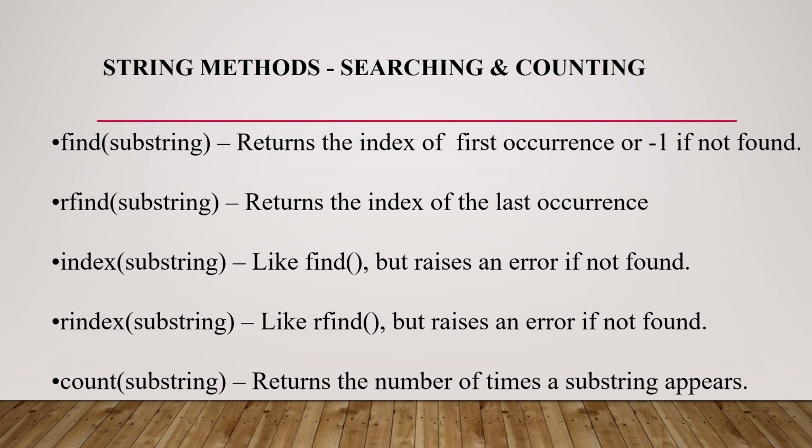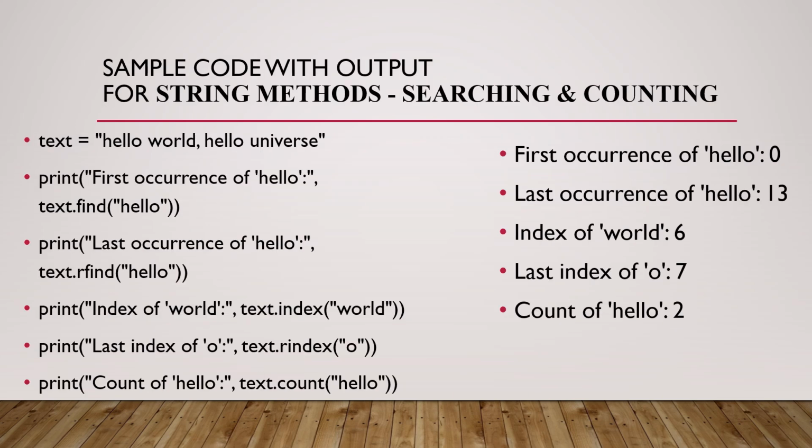The next, index, is more or less like find, but it raises an error if not found. Then rindex is like rfind, but it also raises an error if not found. Count returns the number of times a substring appears in a string. This is the sample code with output for the string methods we have discussed, used for searching and counting.